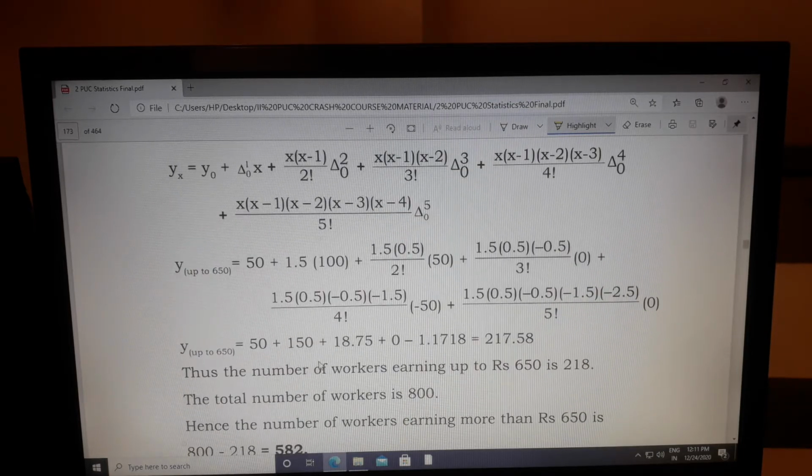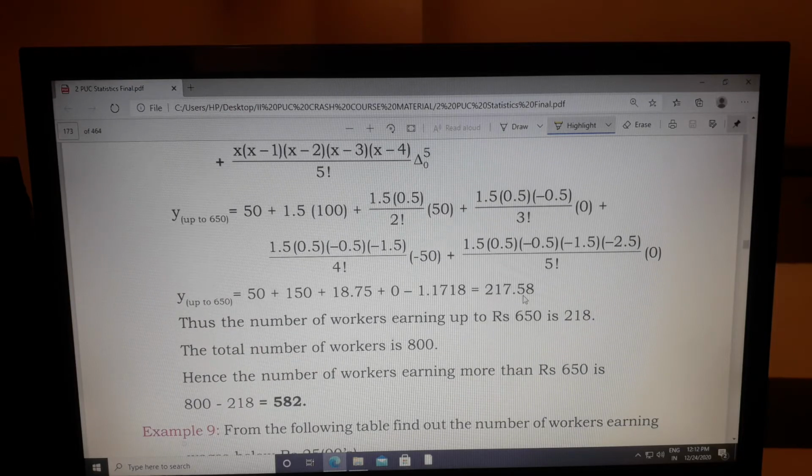See here, after substituting 50 plus, simplifying 150 plus 1.5 into 0.5 by 2 into 50, you will get 18.75, plus 1.5 into anything multiplied by 0 is whole 0, minus 1.5 into 0.5 into minus 0.5 into minus 1.5, and one value will be negative, so only a minus value will be obtained, minus 1.1718. After simplifying this, you will get the answer 218.75 approximately.